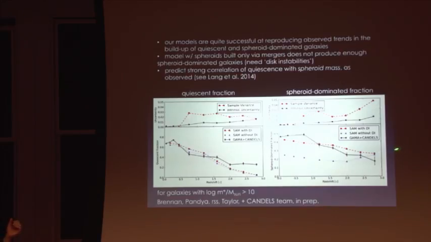And it turns out that if we only build spheroids through mergers, we don't get quite enough spheroids to match the observations. So we need to put in this additional way to make spheroids, which is what we call a disk instability. But again, if you squint at this, it looks pretty good. It matches the observations pretty well. And again, these observations are brand new. We didn't tune to these observations. Yes?